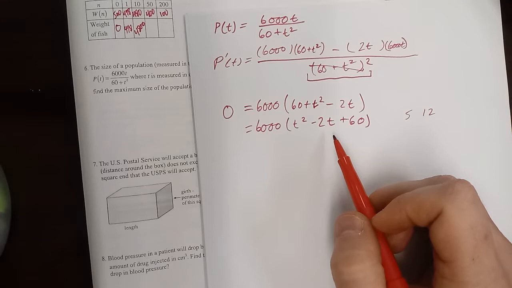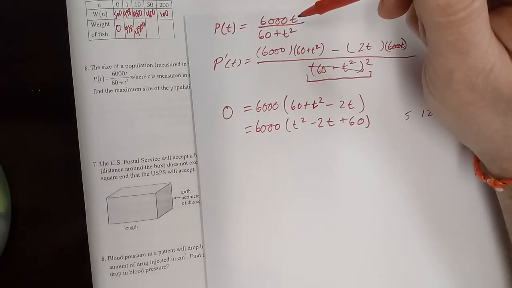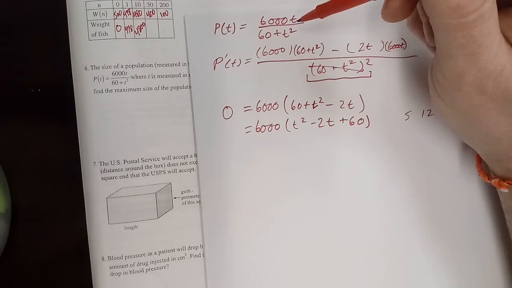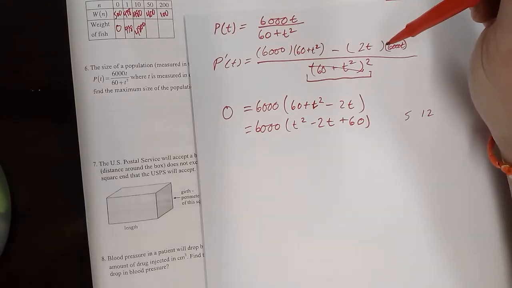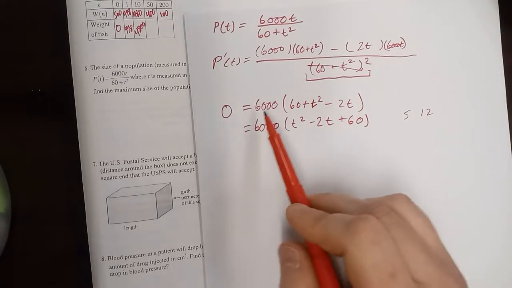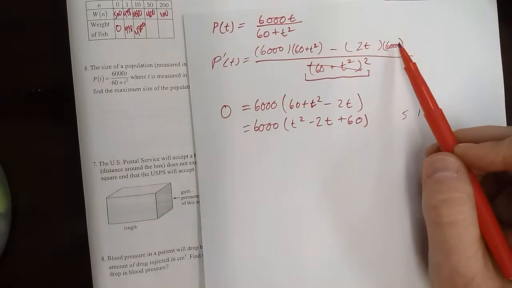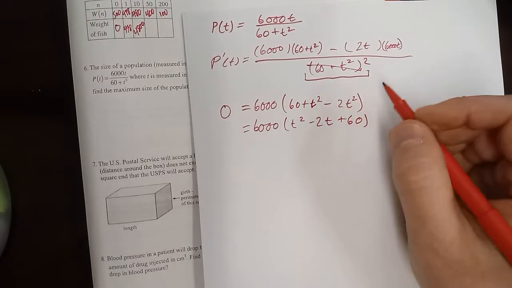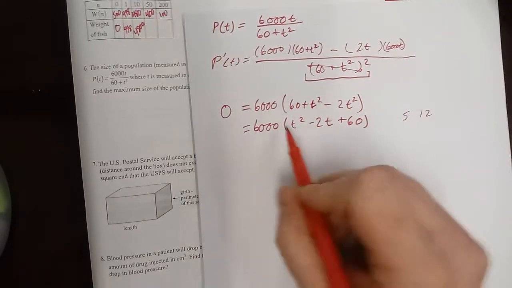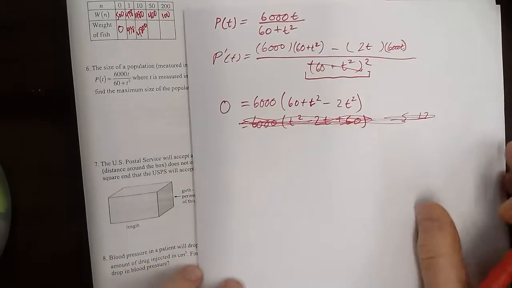Let me just make sure I didn't make any silly mistakes earlier on. Oh, I see it. When I factored a 6,000 out, there was a 6,000 and a 6,000, but that was a 6,000 t. So this has a t squared. So let me go back to this stage. I made a mistake.